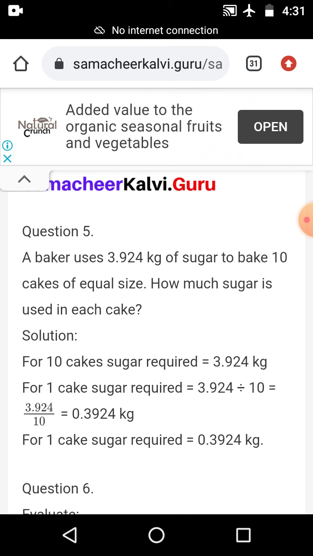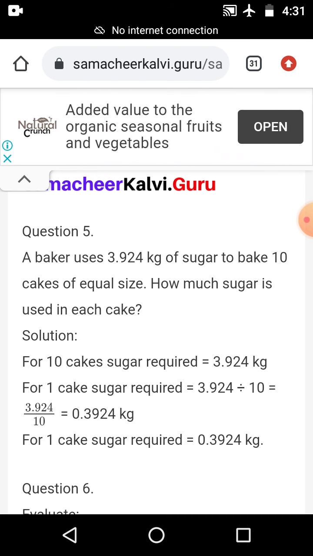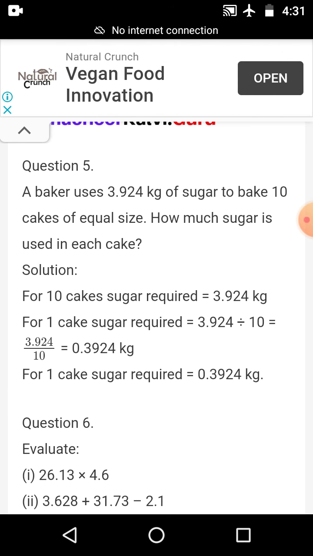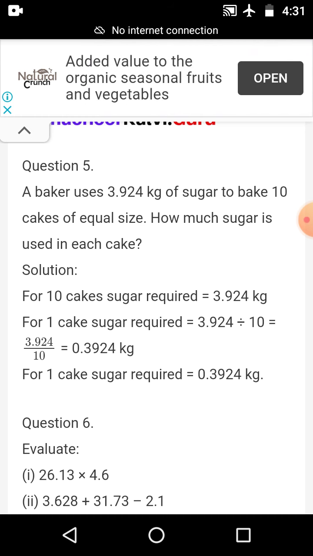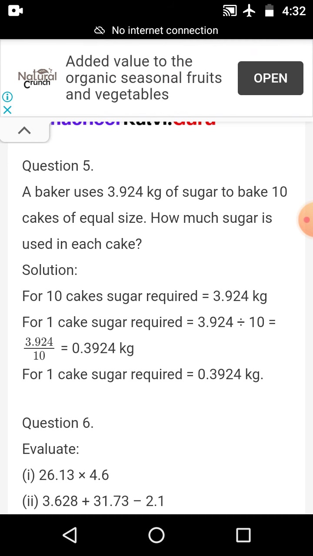Okay students, listen carefully. Question number 5. A baker uses 3.924 kg of sugar to bake 10 cakes of equal size. How much sugar is used for each cake? There are 10 cakes.